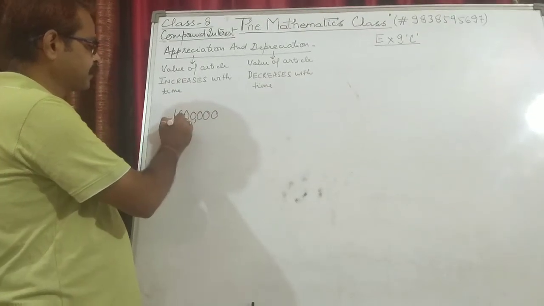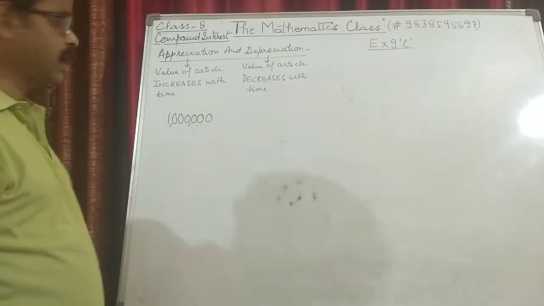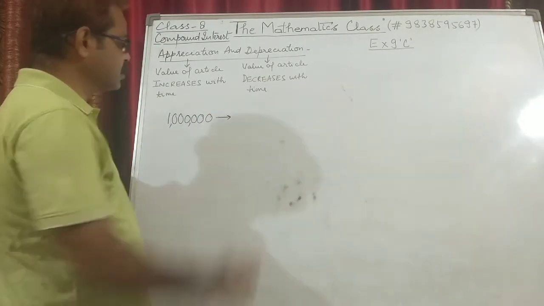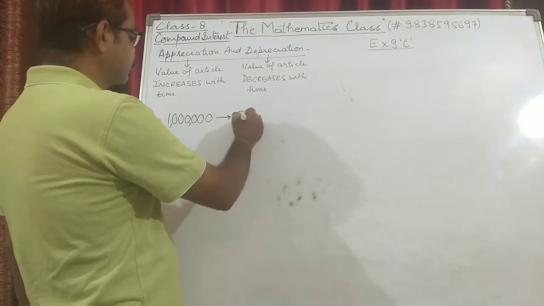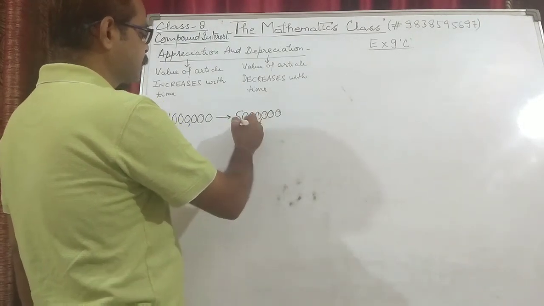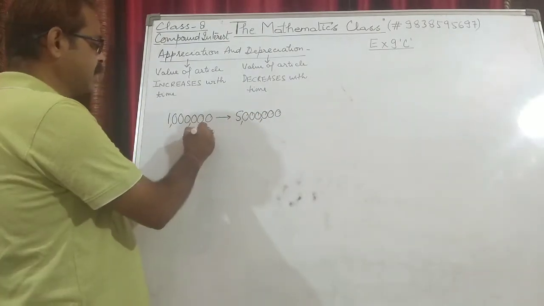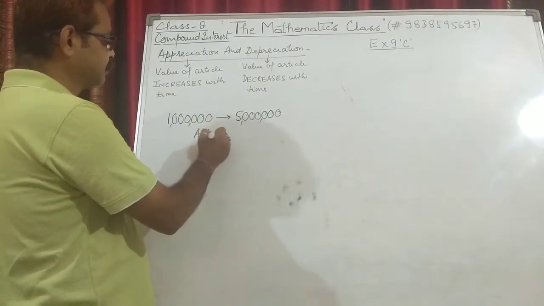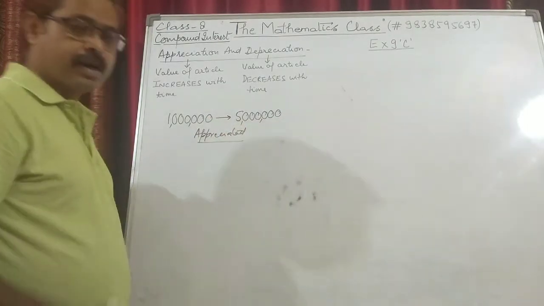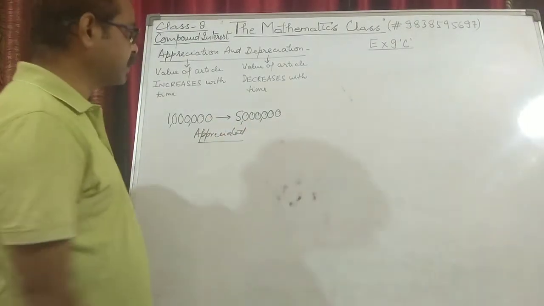For example, I purchased a land for rupees 10 lakh and after 5 years its value is 50 lakhs. It means it has been appreciated.